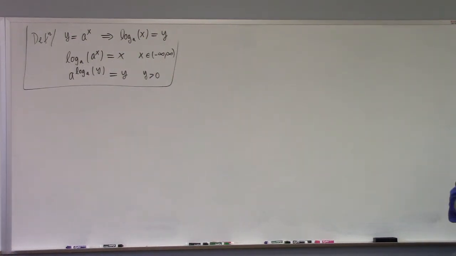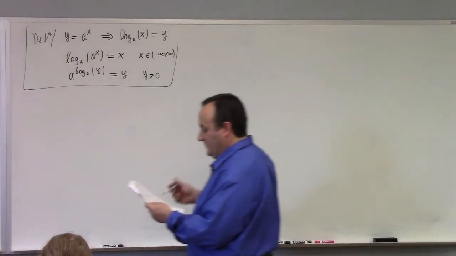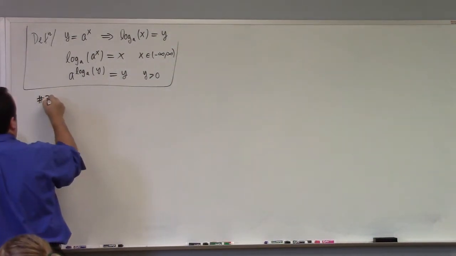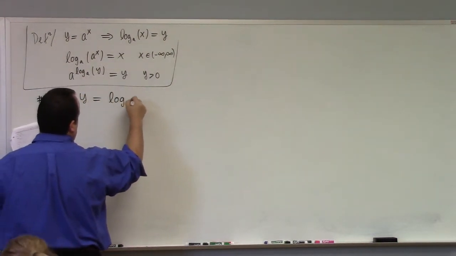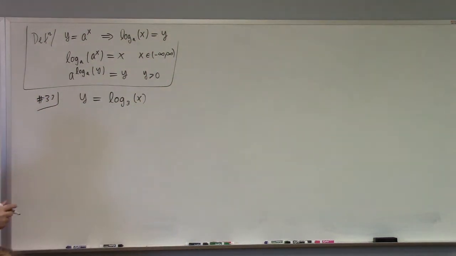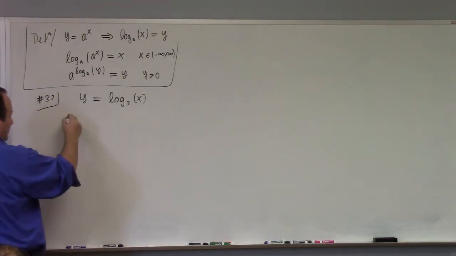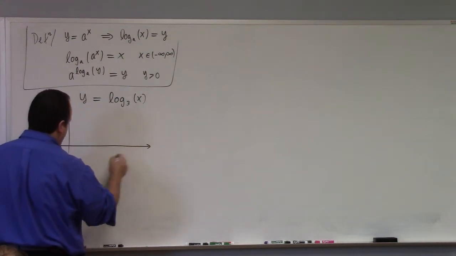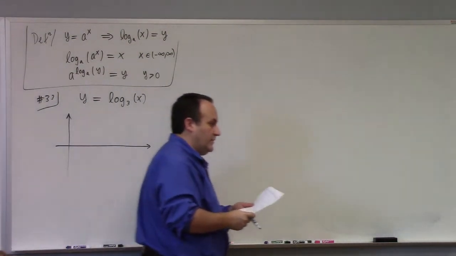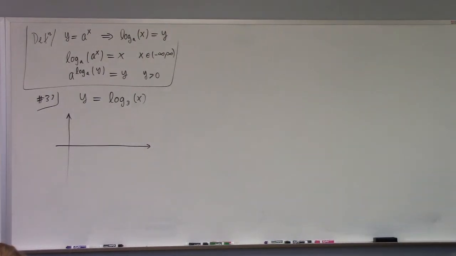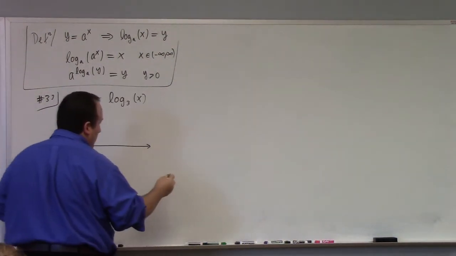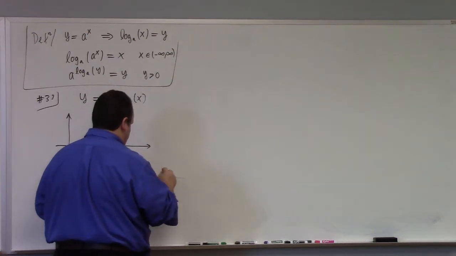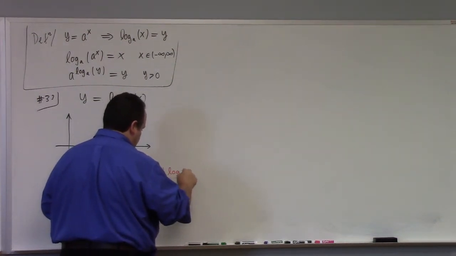I'll start out real easy. Number 33. Here we're looking at y equals log base 3 of x. How do you graph log base 3 of x? The simplest thing to do is make a table of values. If you really don't know, and this is something we should have memorized soon, we can look at x and log base 3 of x.